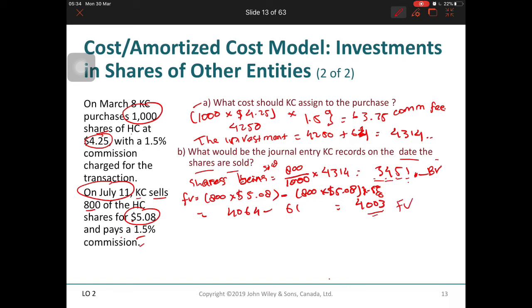Because the fair value is bigger. The gain will be 4,003 minus 3,451, so the gain is 552.